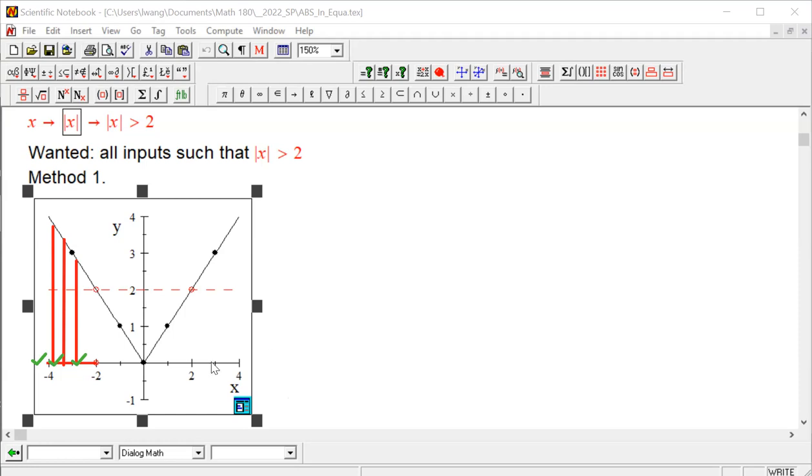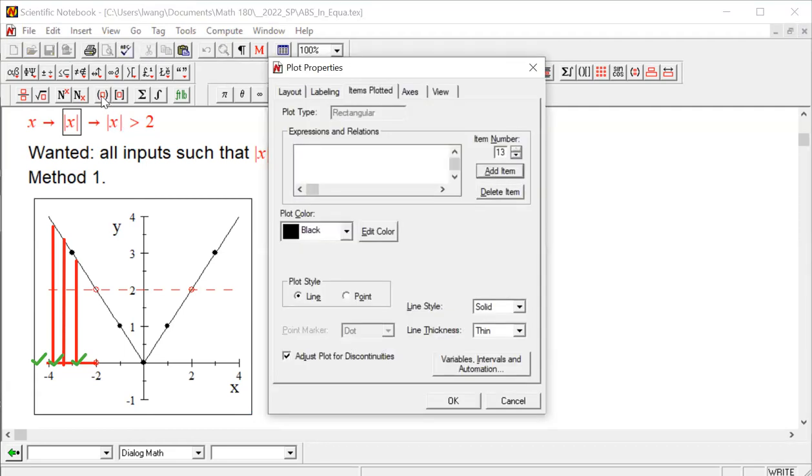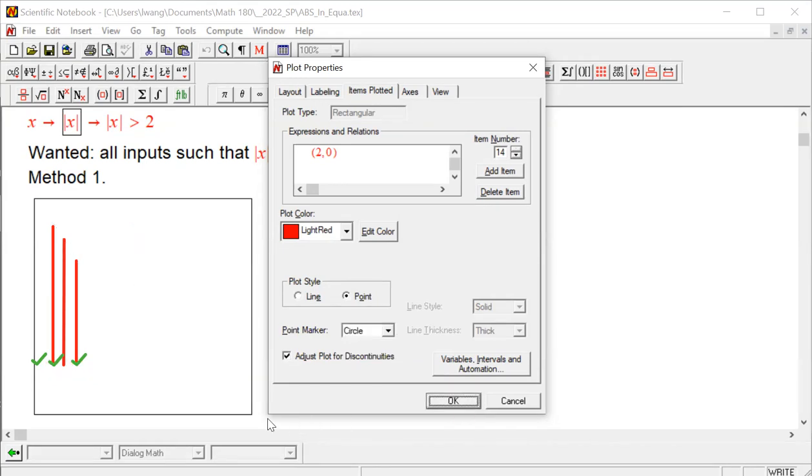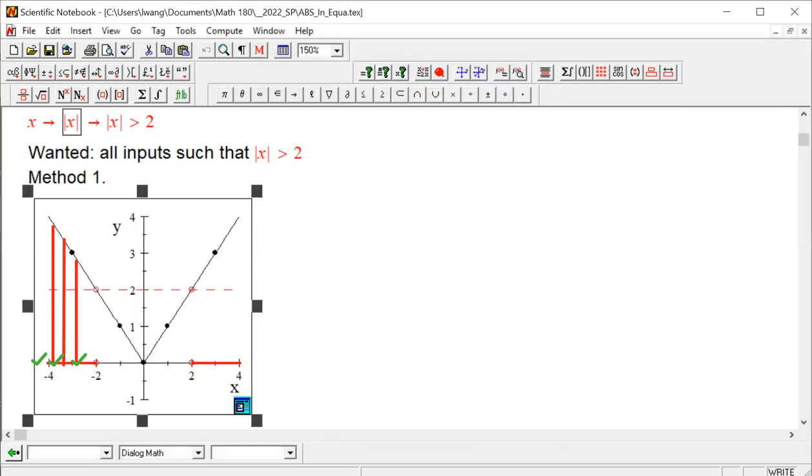So we have more. And what is more? Where are they? They are here, right there. Okay, 2, 0, and we should have a circle, not a dot.